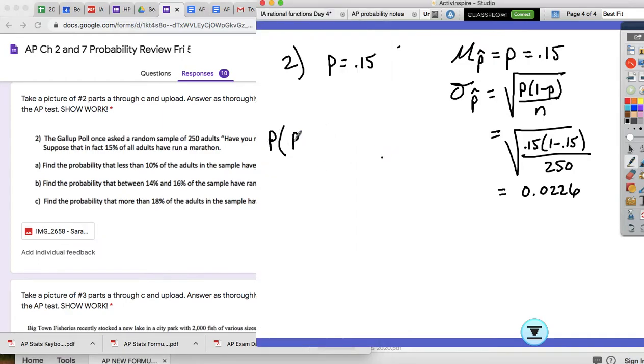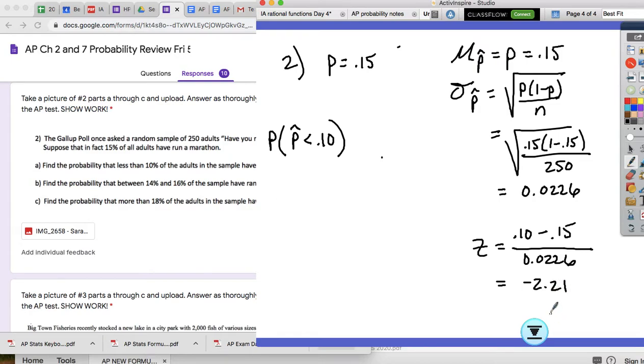So I'm finding the probability that my sample proportion is less than 0.10. I need to calculate a z-score for that: 0.10 minus the mean of 0.15 divided by the standard deviation of 0.0226. That z-score should end up equaling negative 2.21.